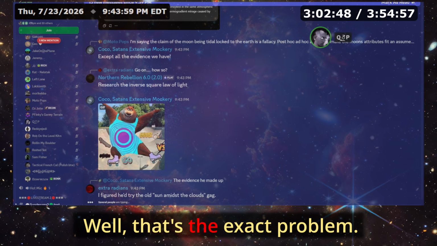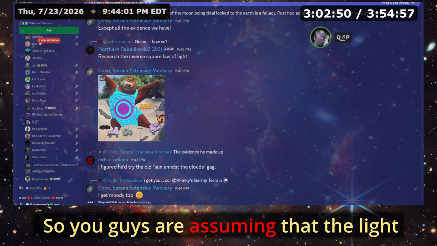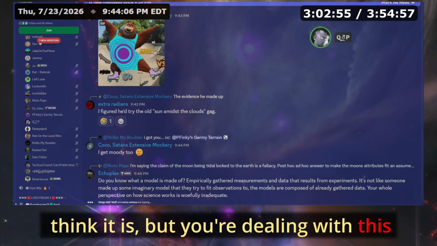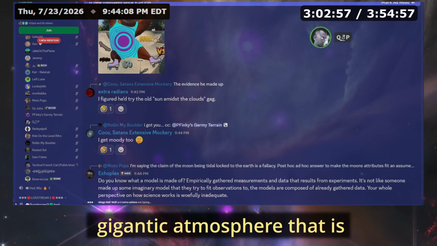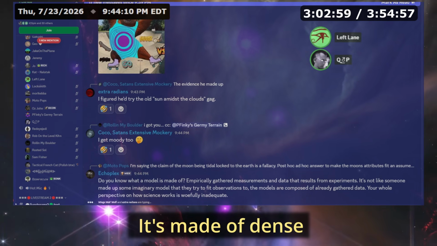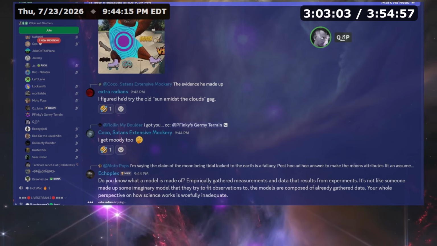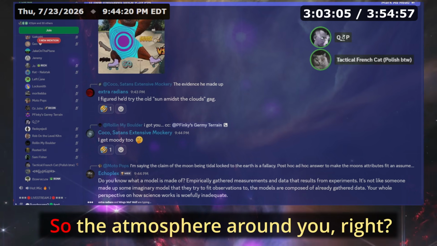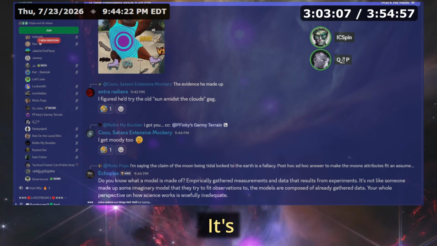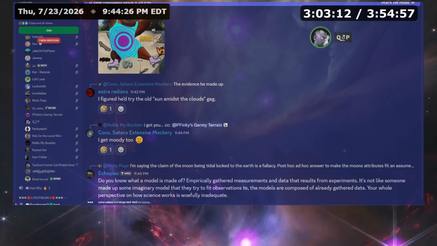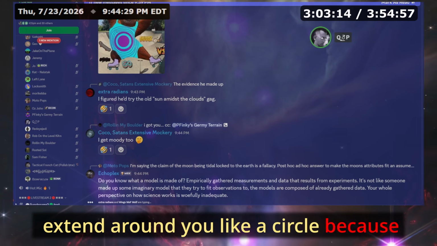Well, that's the exact problem. You guys are assuming that the light is continuously traveling the way you think it is, but you're dealing with this gigantic atmosphere that is exactly like a lens, right? It could be made of dense materials, we don't know. So the atmosphere around you, the farthest reaches that you can see, extend around you like a circle because you see in all directions.